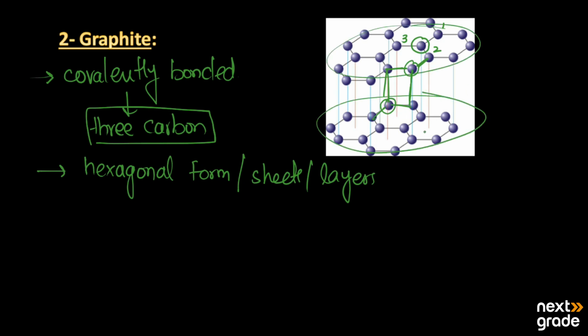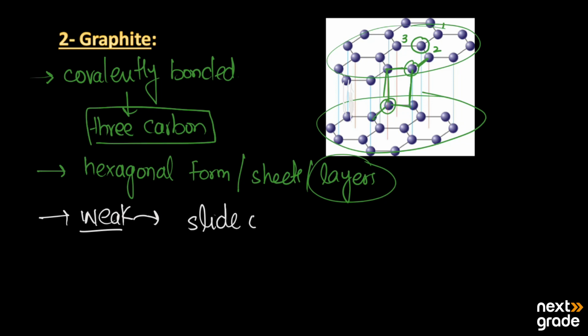When the carbon exists in the form of layers, these sheets are linked and the forces between them are very weak. As these forces are very weak, the sheets or layers can slide over each other.